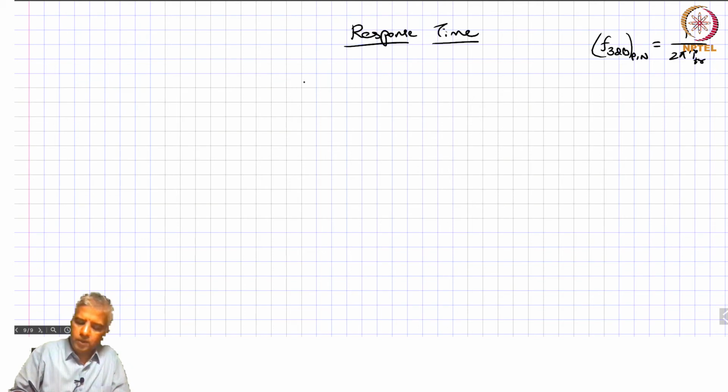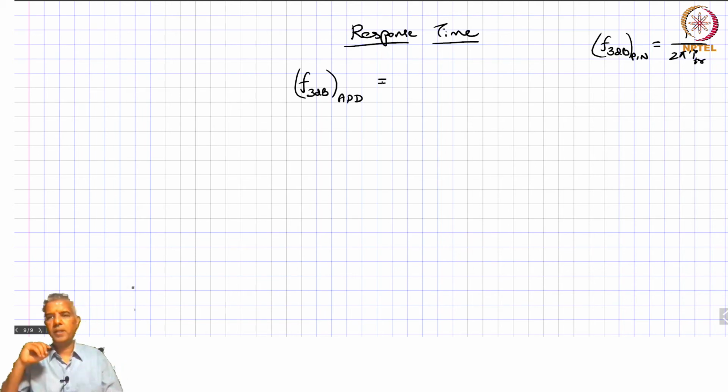Now if we do the same thing for an APD, what do you think is going to be the limiting factor? Well, of course, there is the transit time involved here, but there is going to be some additional factor that determines the response time.